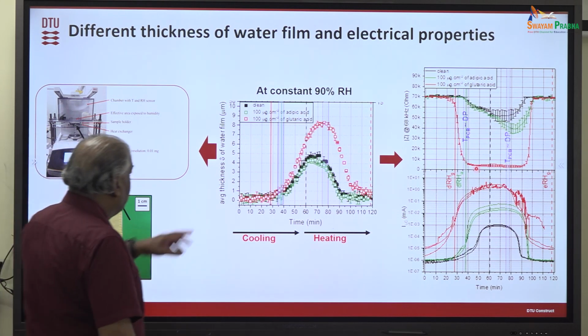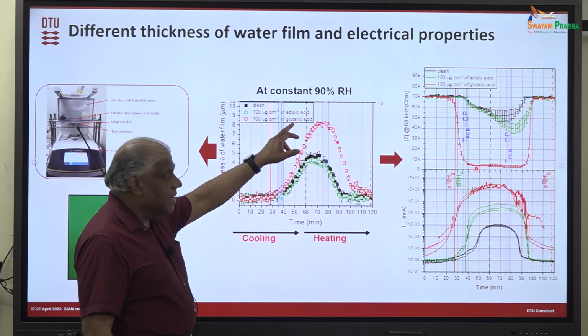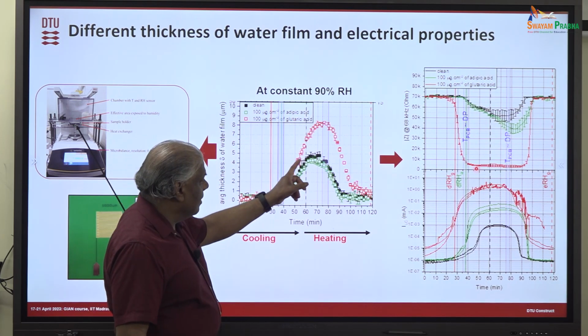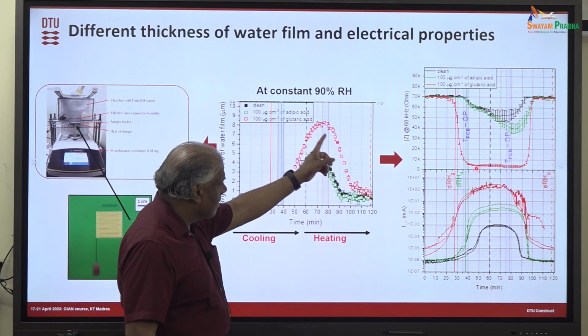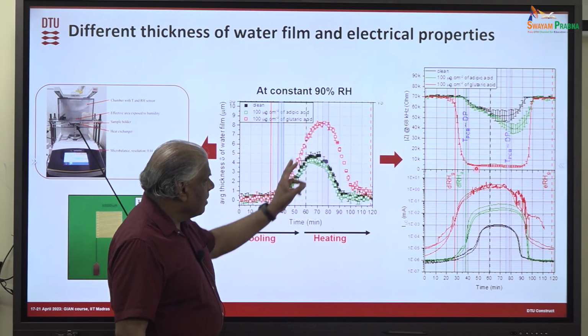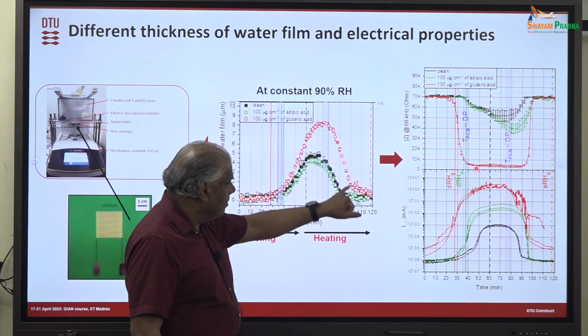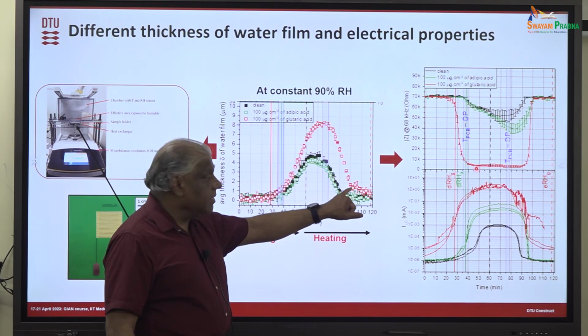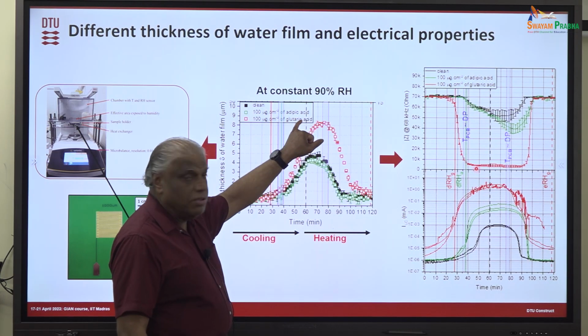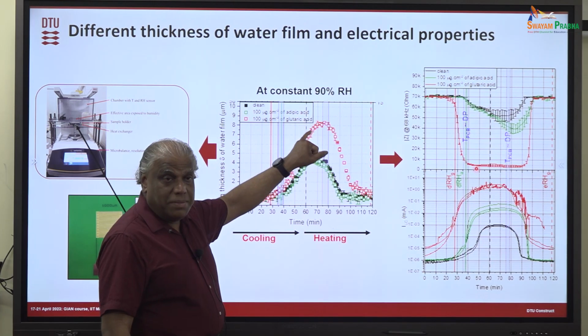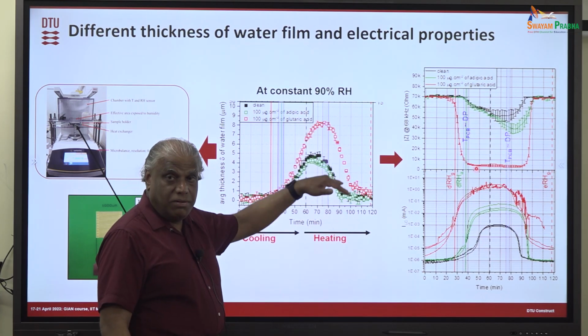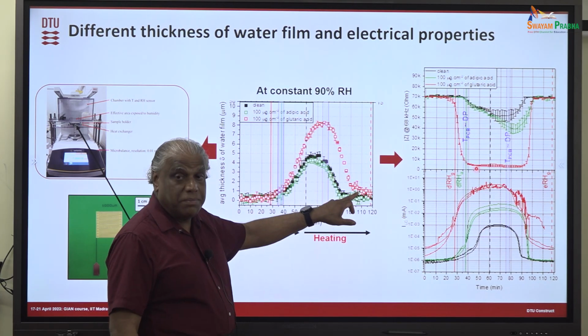But on the other hand, if you look at the glutaric acid, you can see that glutaric acid is not following that profile. So here it's not symmetric. If you look at this part, it is not symmetric, because in the case of glutaric acid, it takes a longer time for the moisture to be removed. So that means that you need to come down to a much lower humidity level in order to become dry.